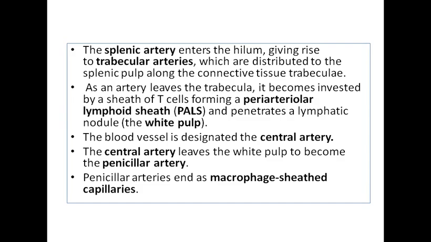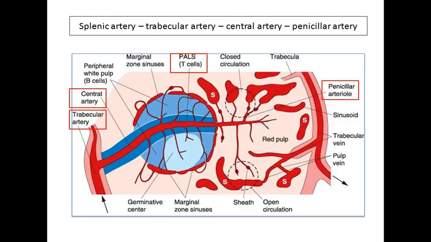The penicillar arteries, they end as macrophage sheathed capillaries. Now this is the fate of splenic artery. This is how it ends. इसके end में ये हमारे पास macrophage sheathed end capillaries बन जाएंगे. So this is the course: splenic artery, the trabecular artery, central artery, penicillar artery, and after penicillar artery, macrophage sheathed capillaries.